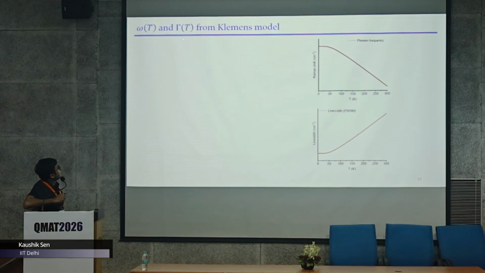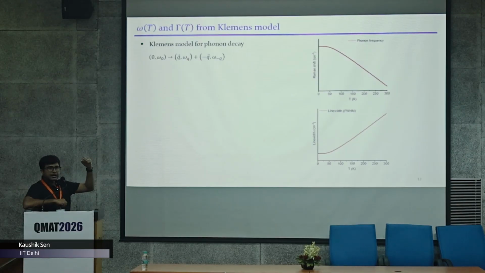So we tried to explain this with what is available, which is the Klemens model. In the Klemens model, you are creating a phonon at the zone center, so the wave vector is 0, and now it decays through acoustic phonons.